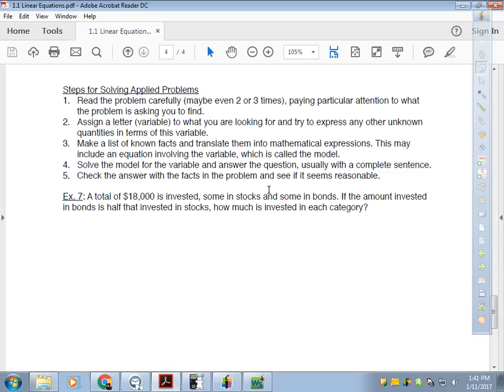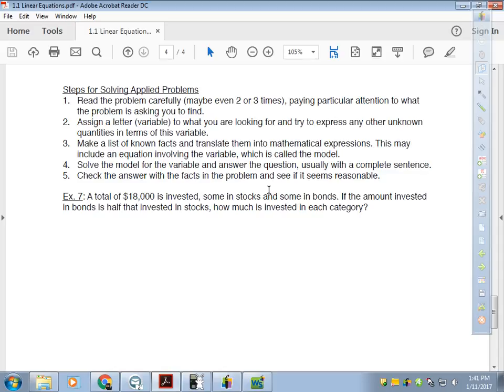Step 2, assign a letter, a variable, to what you are looking for, and try to write any other unknown quantities in terms of this variable. Meaning, if there's 2 different things you don't know, make one of them your variable, and then the other one, write it as some function of the first one.